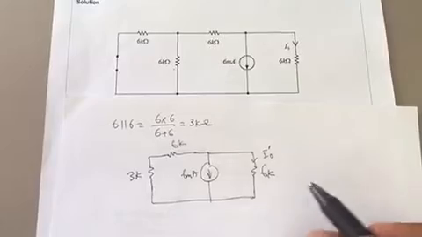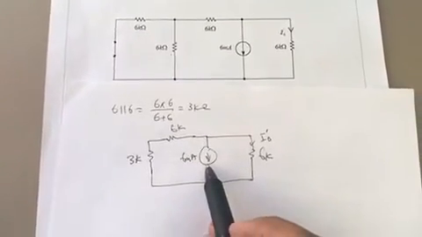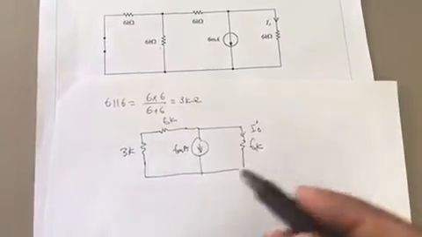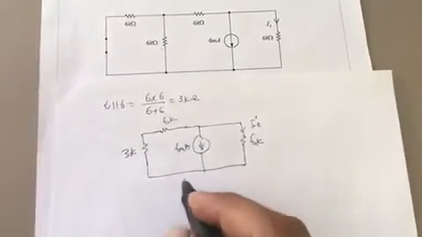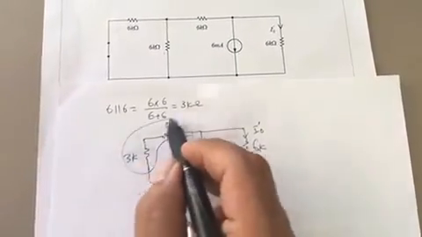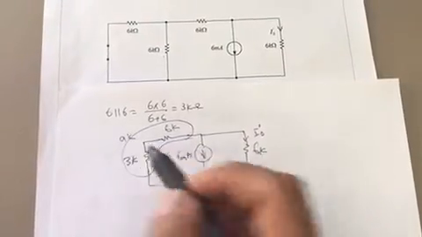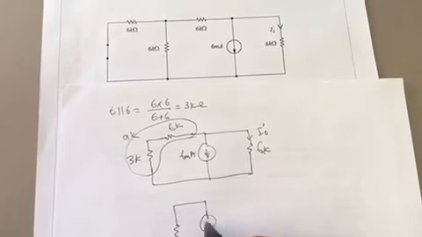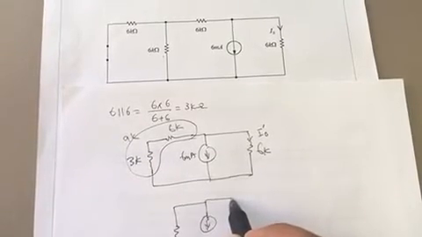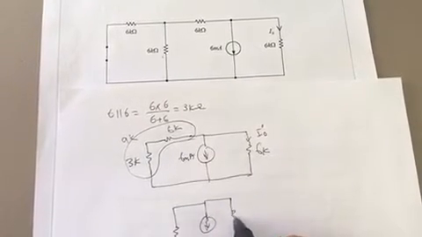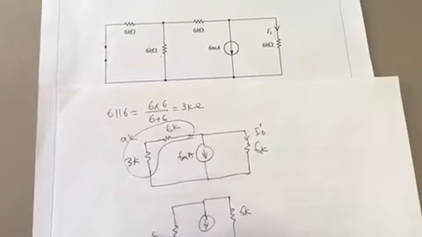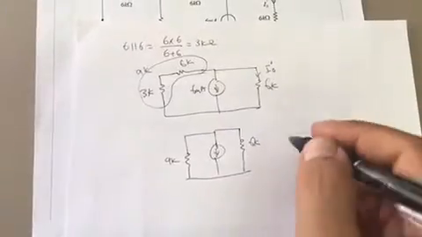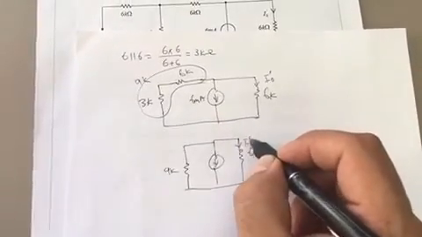In order to find the I0 prime, I have to divide the current between these two. The current division that we went through in parallel resistors, so these two are going to give me a 9K. So basically my circuit is like this: 6K, 9K, and I'm looking at the I0 prime.